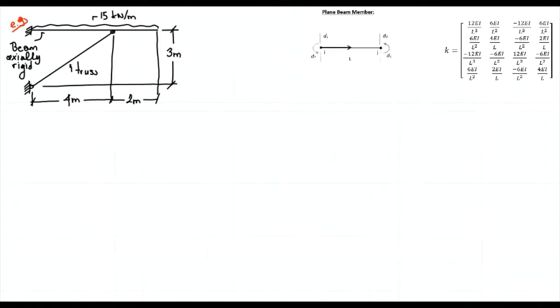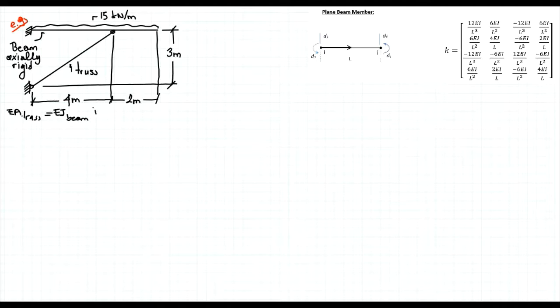In the second example, we have a beam that is axially rigid and is supported by an inclined truss member. And for simplicity, let's say that EA of the truss is equal to EI of the beam in magnitude.